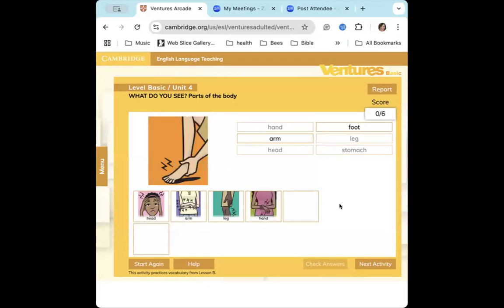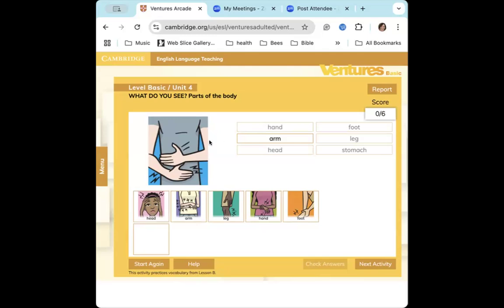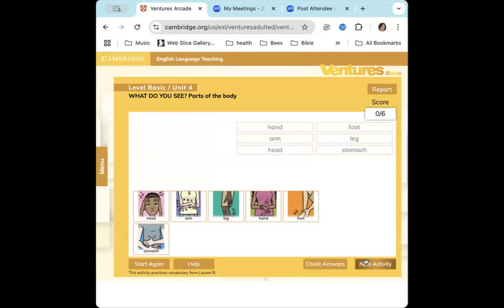Her hand. Looks like, and I've only got arm and foot left, so I put foot. Now, what hurts? I don't know. Does it say arm? That's the stomach, the head, the arm, leg, hand, foot.